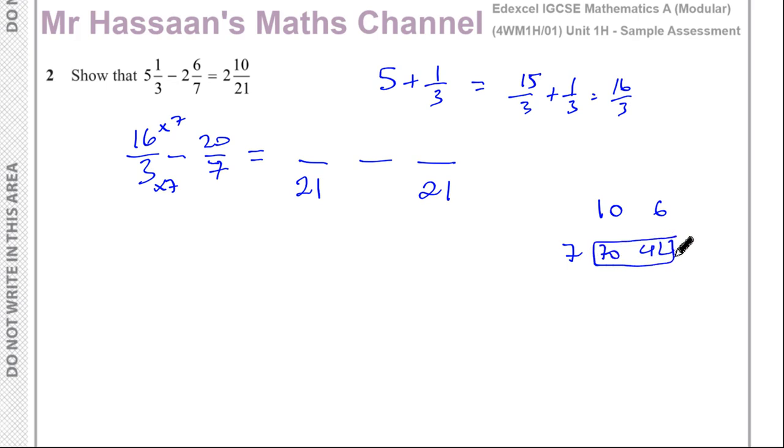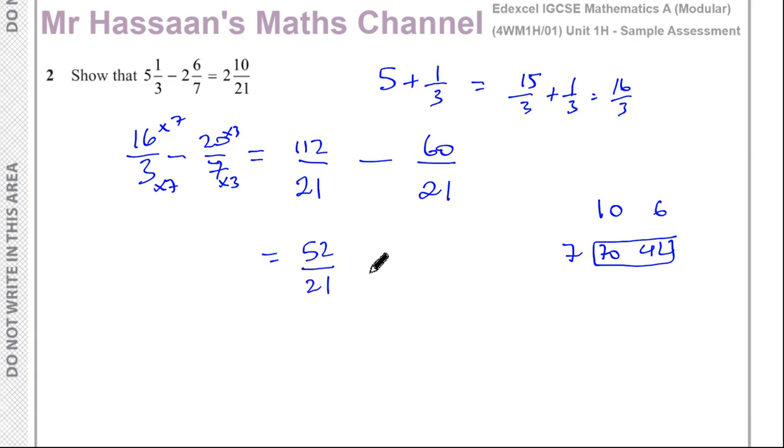That's 70 plus 42, which is 112. Minus, and you have to multiply this by 3 to give you 21. So 20 times 3 is 60. So we end up with 112 minus 60, that's going to give you 52 over 21.